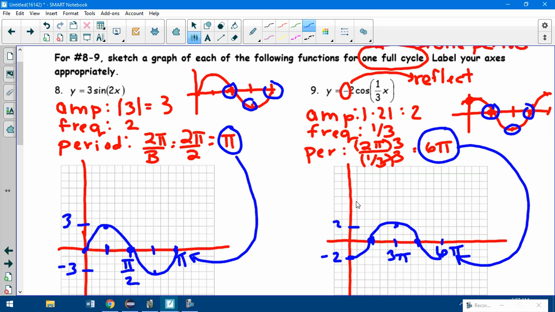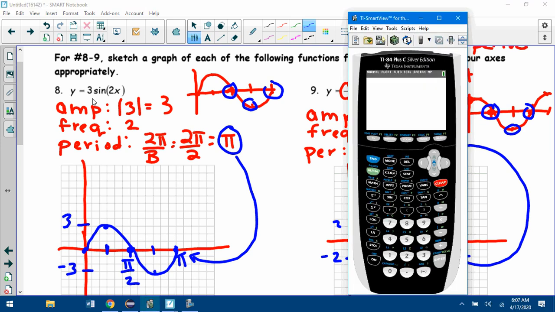Good? All right, I also told people that I would show them how to check them on the calculator again. If you wanted to check that number 8 was right, just go to y equals, type in 3 sine of 2x, and set your window up like the window you have here. So we need to stay in radian mode, because we're all in terms of pi's right now.